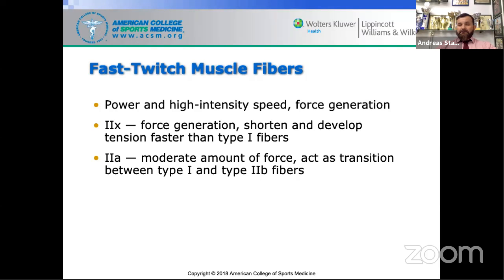A lot of force, but not high resistance to fatigue. They get tired easily. Okay, so a sprinter will have a higher percentage of type 2X muscle fibers than type 1.